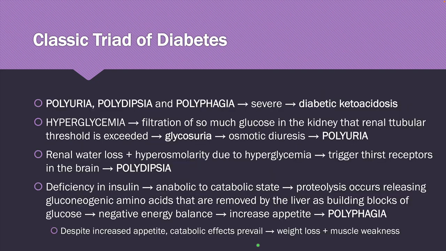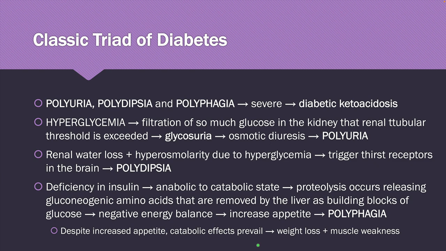Now, the classic triad of diabetes is polyuria, polydipsia, and polyphagia. And if severe, a manifestation is usually diabetic ketoacidosis. So, how do these three symptoms develop? If you have hyperglycemia, there is filtration of so much glucose in the kidney that the renal tubular threshold is exceeded.